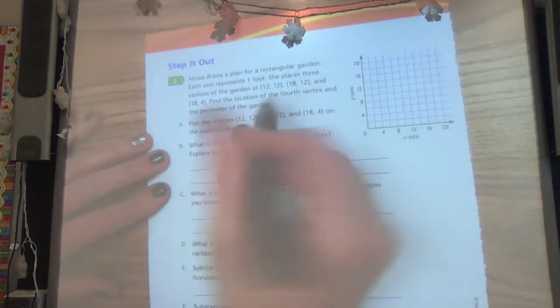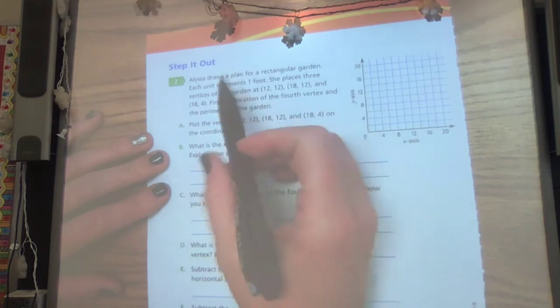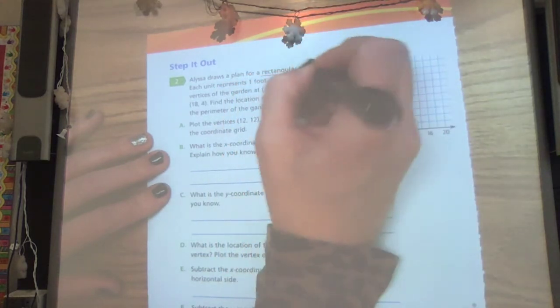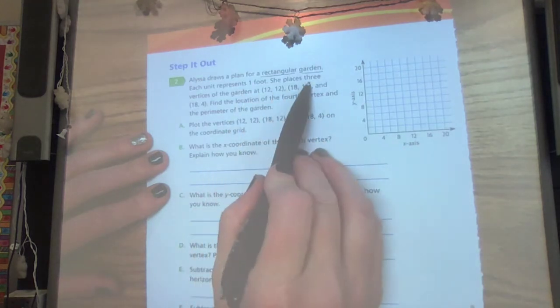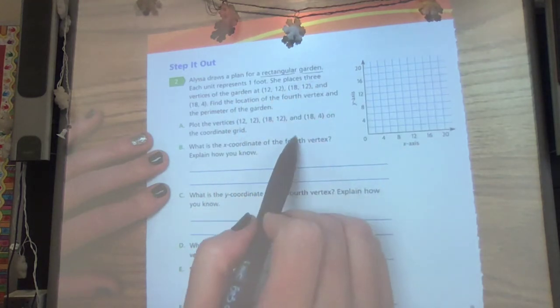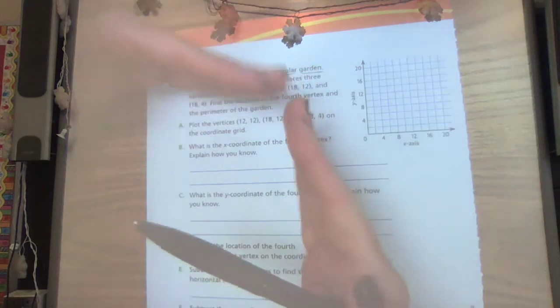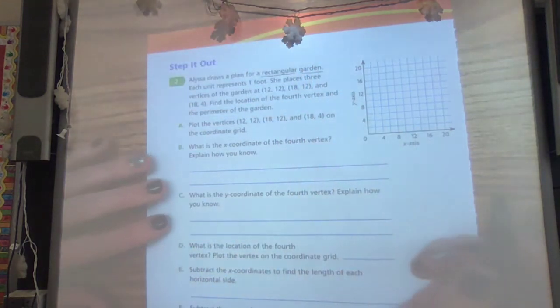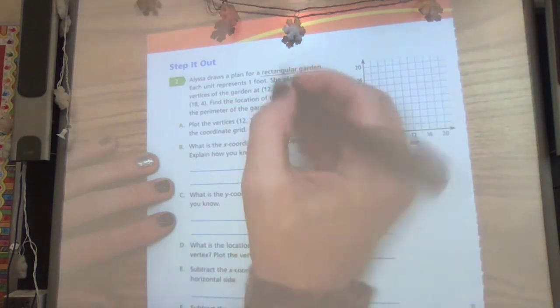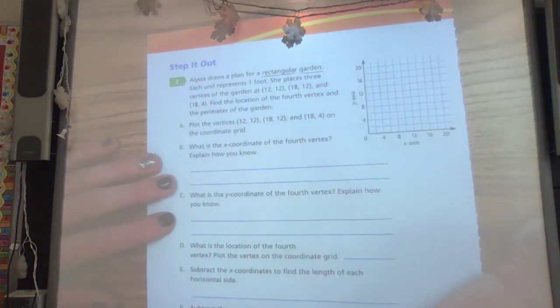Okay, so we have a few things that we need to do here. She's drawing a rectangular garden. We know the 3 vertices. Remember that word vertices is just where 2 lines are meeting. That's your vertices. So we know we're going to have 4 vertices to make a rectangle.